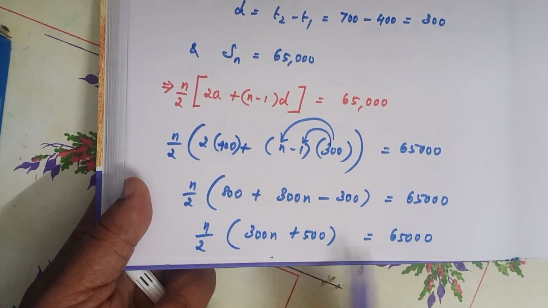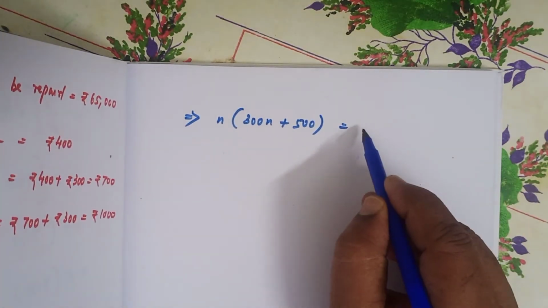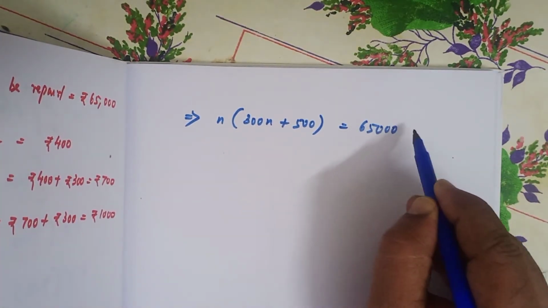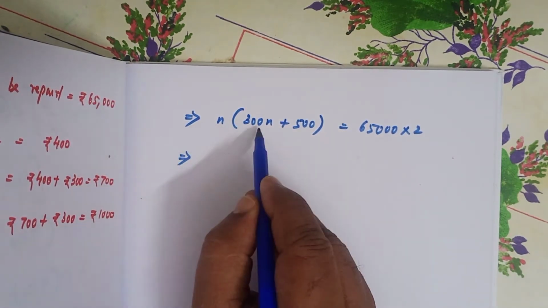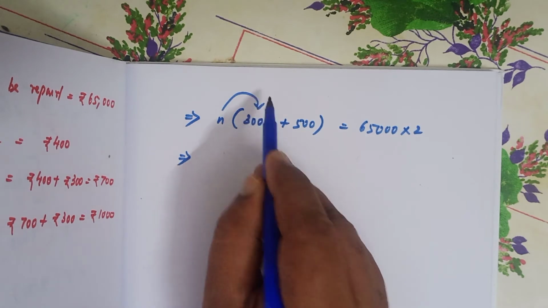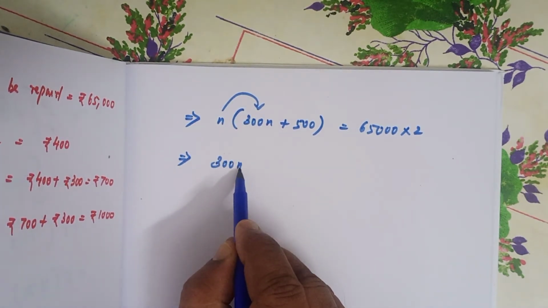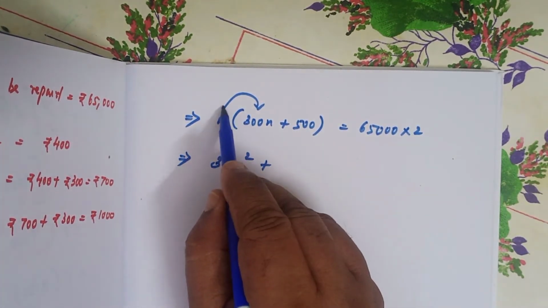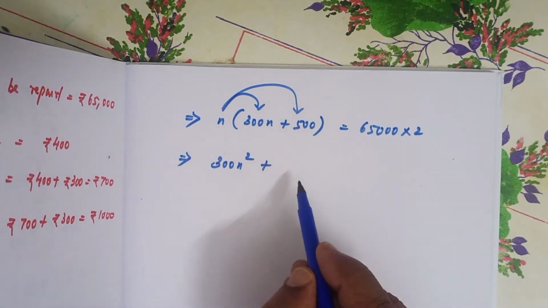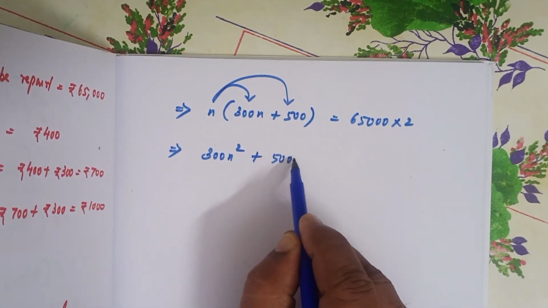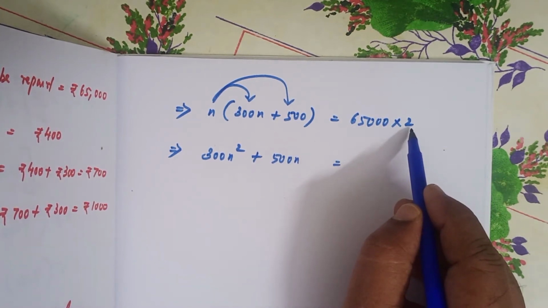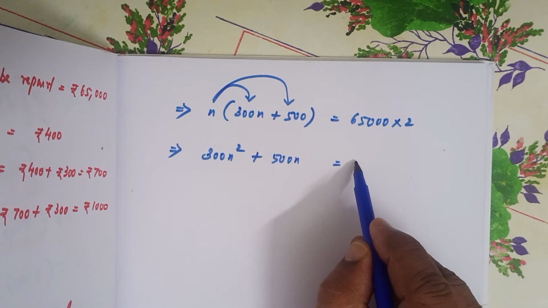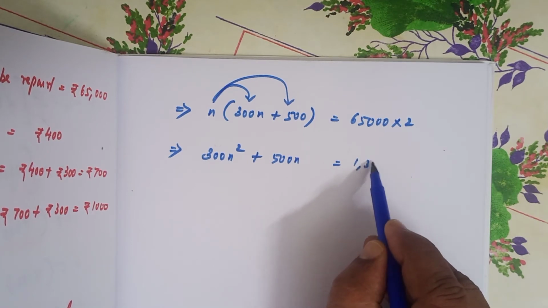If we multiply 65,000 into 2, you multiply 300n into n, that is 300n square, plus multiply these two, 500 into n, that is 500n, equals 65,000 into 2, that is 1,30,000.